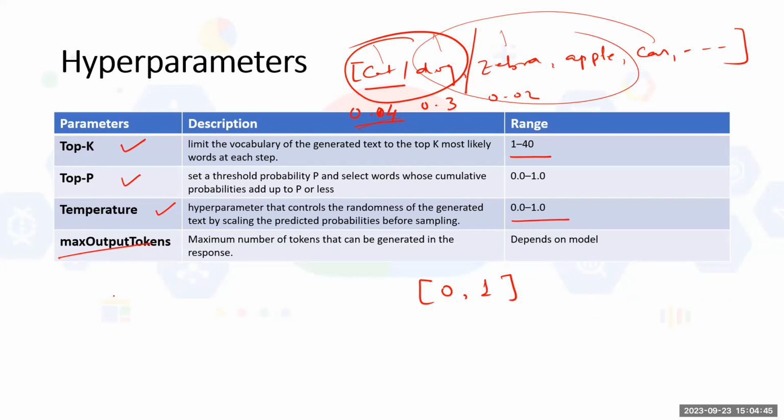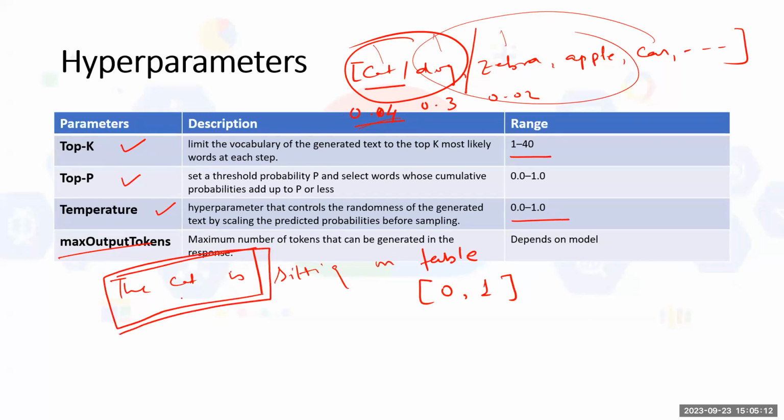Now we have max output tokens, which is the number of tokens our model is going to generate in the output. For example, if the output is coming as "the cat is sitting on a table," and my max token size is less than the output size, then it will truncate my answer, and in the output I will see only up to here.